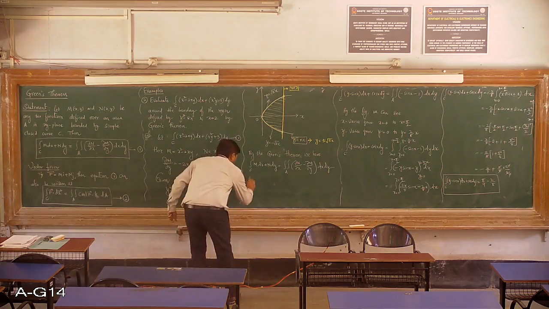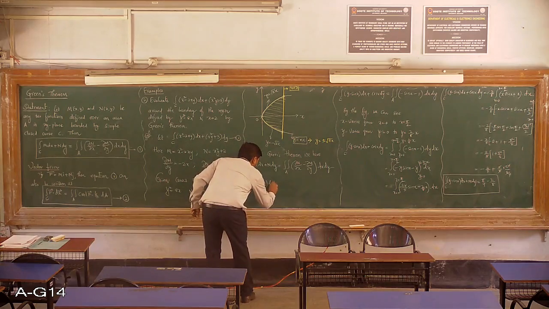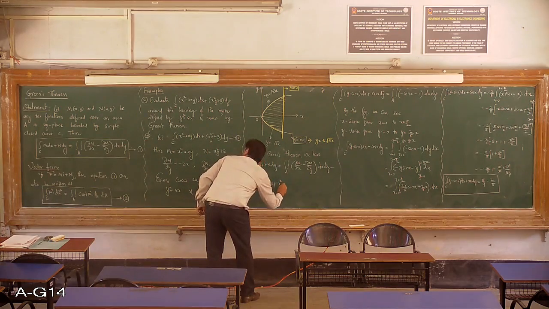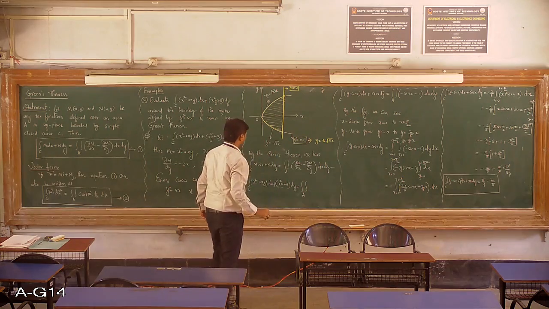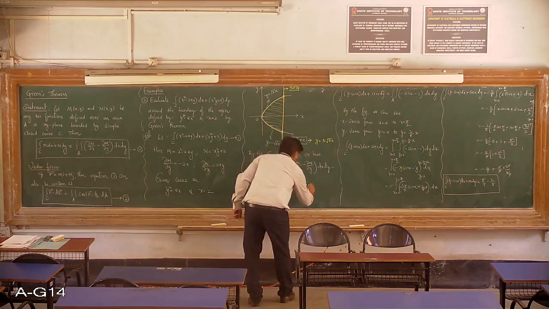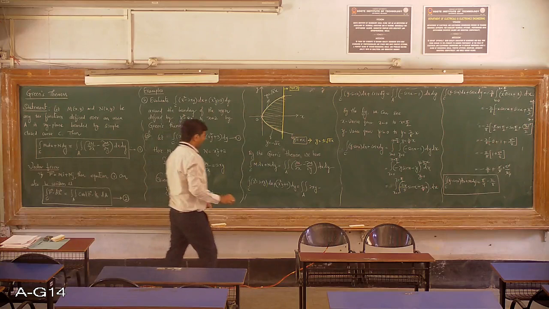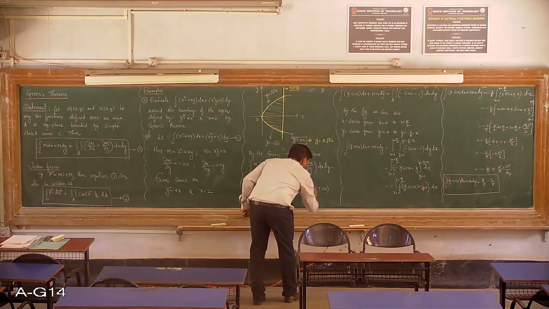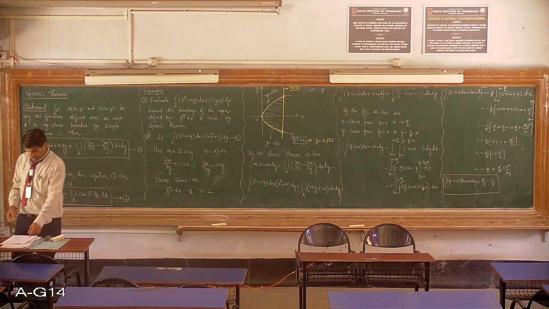So integration over a curve C, M is x square minus 2xy into dx, N is x square y plus 3 into dy, which equals the double integration over an area A, dou N by dou x is 2xy minus dou M by dou y, which is minus of minus, so it is plus 2x, into dx into dy. Yes, so that is right.